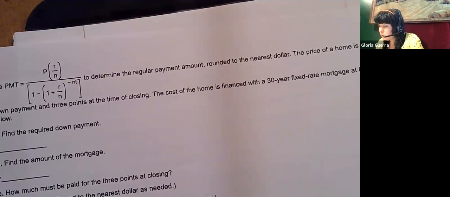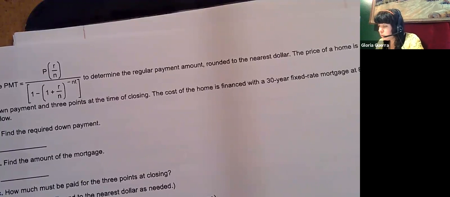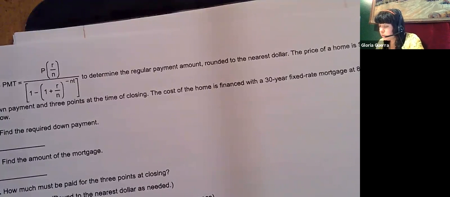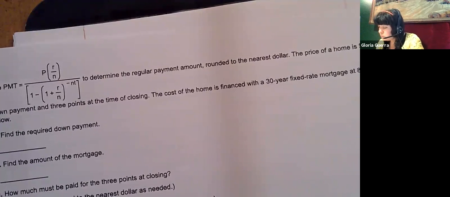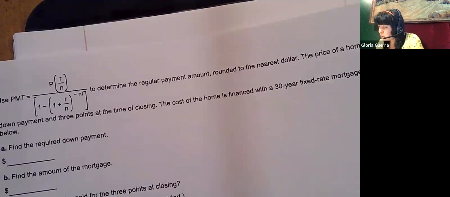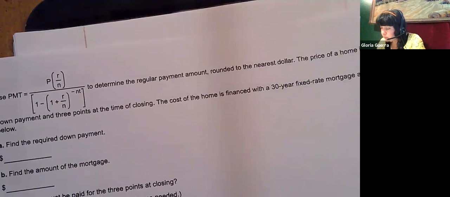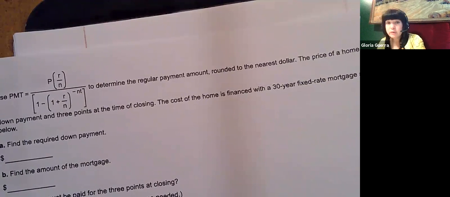The cost of the home is financed with a 30 year fixed rate mortgage at 8.5%. Complete parts A through E below. Okay, all right, so let's take a look at what we have. First of all, it says find the required down payment.